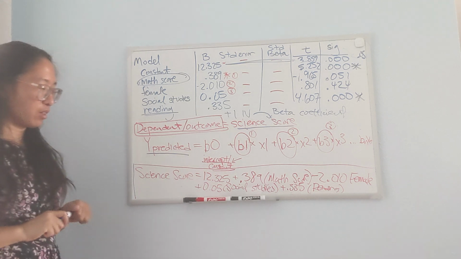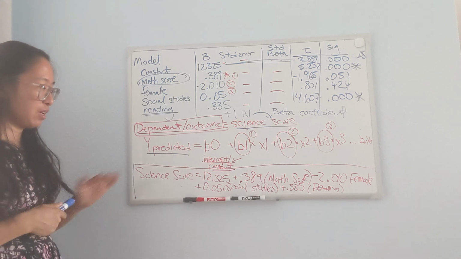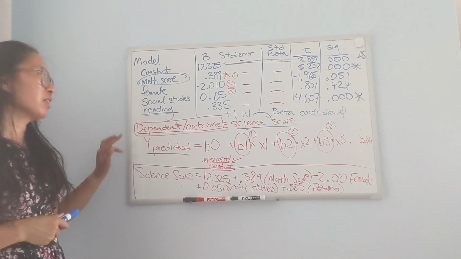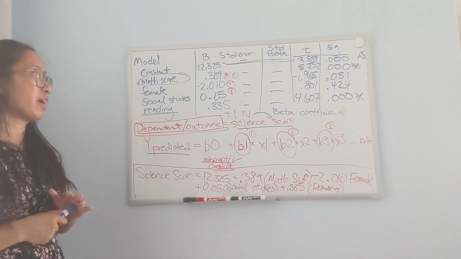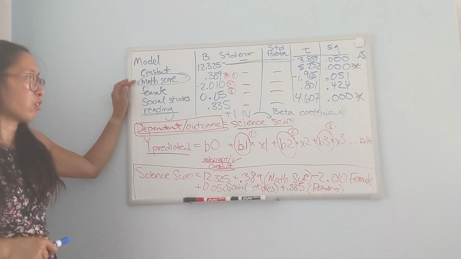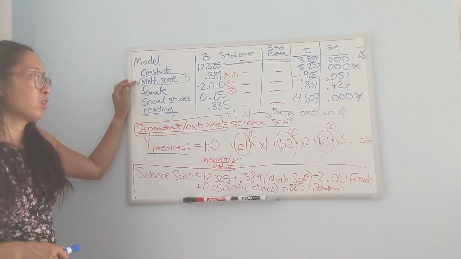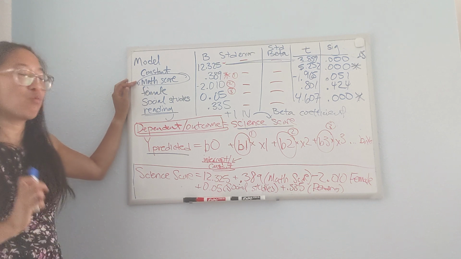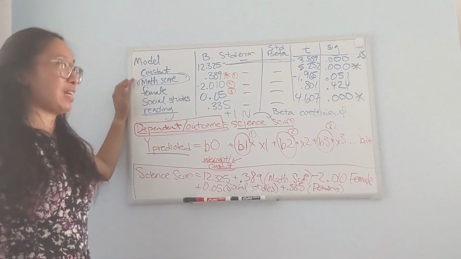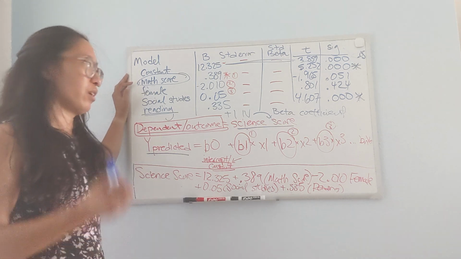So for the homework, or for the assignment, you have to write out this equation, and then I want you to say, math score has a beta value of 0.389. So that means every 1 increase in math score, there will be a 0.389 increase in science score.